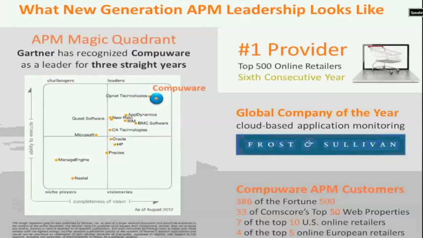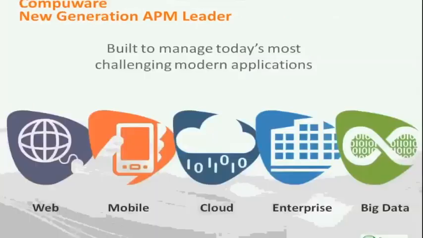Global company of the year for cloud-based application monitoring. 7 out of 10 top US online retailers and 4 of 5 top European online retailers are CompuWare APM customers. Almost the entire Fortune 500 is using CompuWare APM. So it speaks volumes about where CompuWare stands in new generation APM, and why everyone is advancing towards APM and leaving behind the siloed performance monitoring tools out in the market.